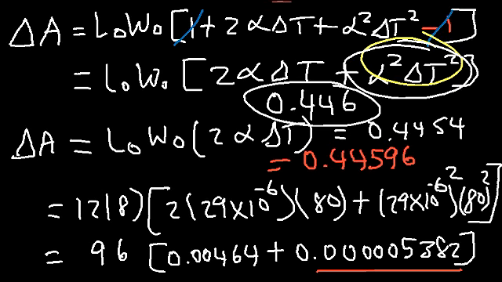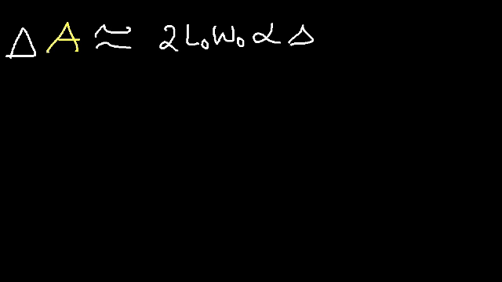So thus we have the equation. The change in area is approximately equal to 2 L0 W0 alpha delta T. Now what about volume expansion?